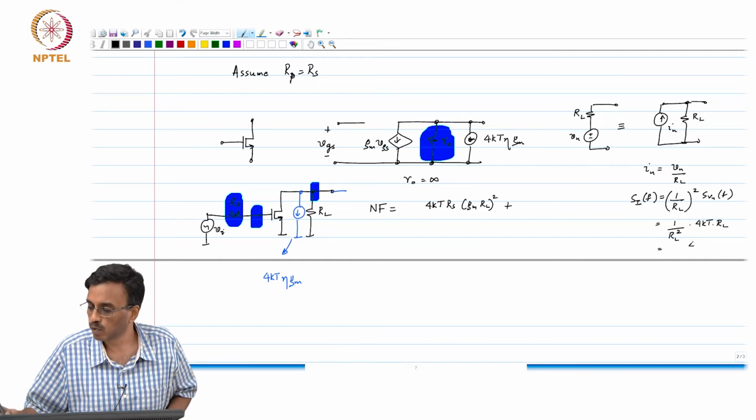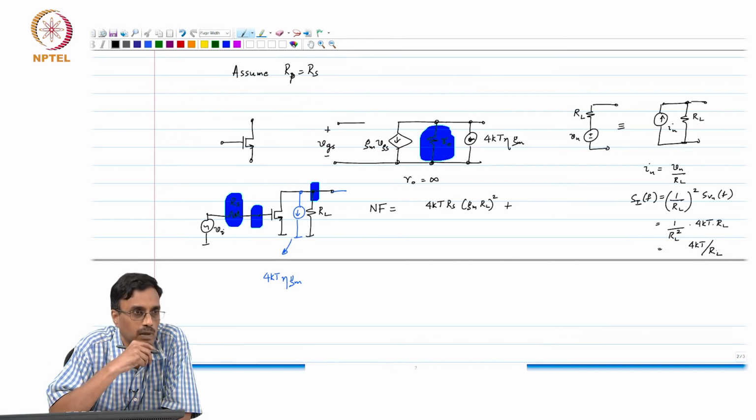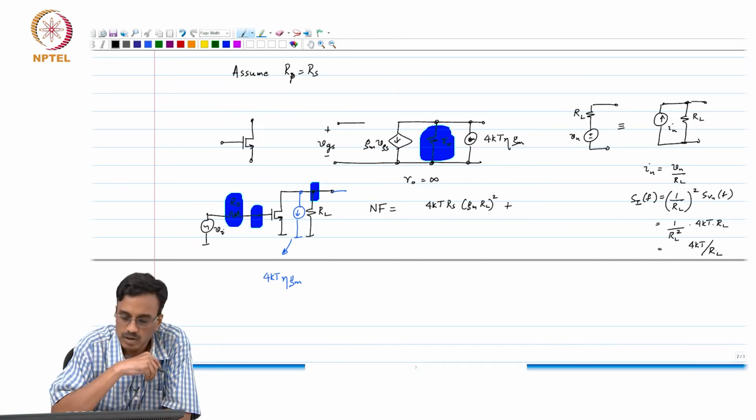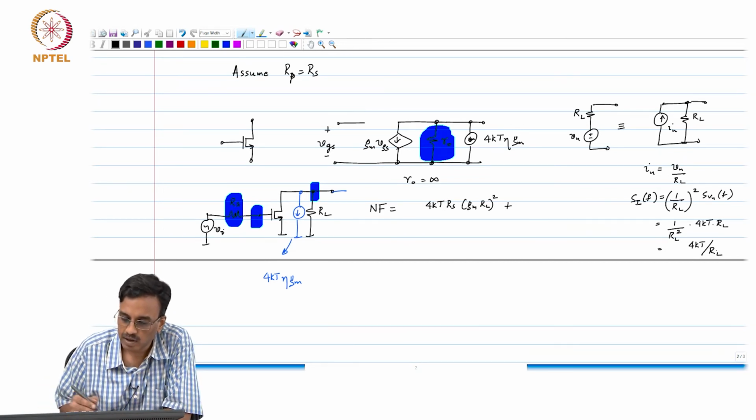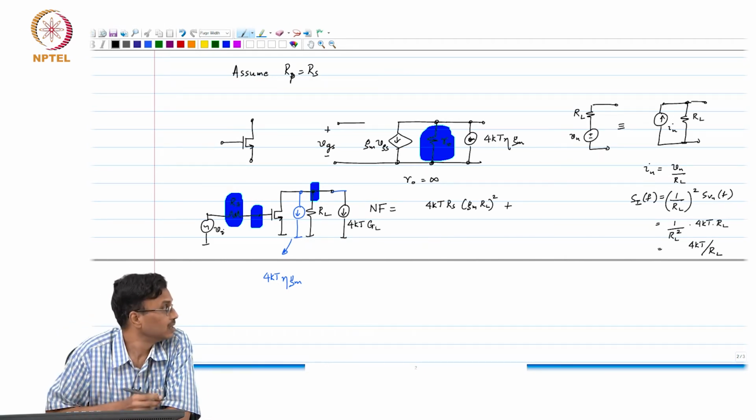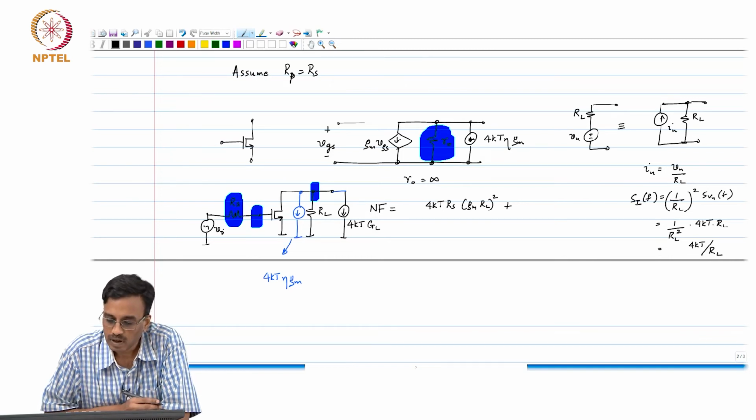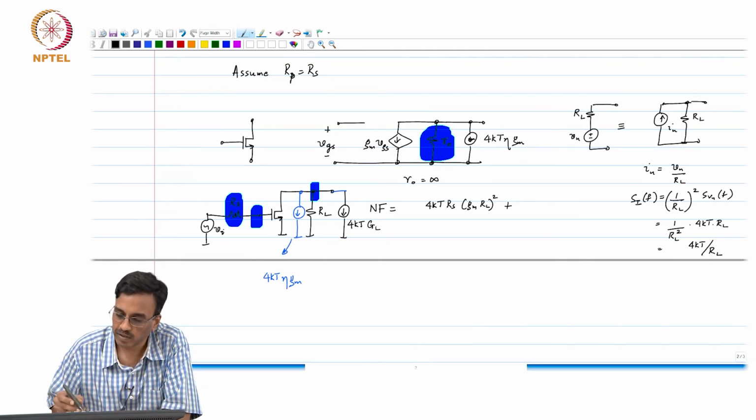So, this is nothing but 4kT over RL. That makes sense, guys? So we have two noise sources here, one which corresponds to the transistor, and one that corresponds to the load, which I am going to call 4kT GL. Okay. So, what is the total noise at the output therefore?